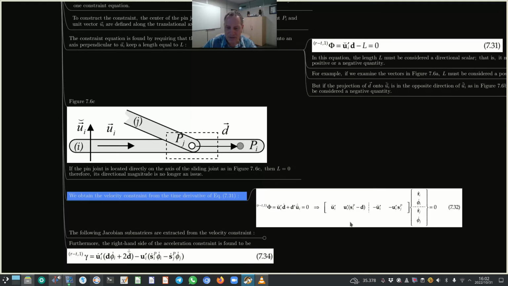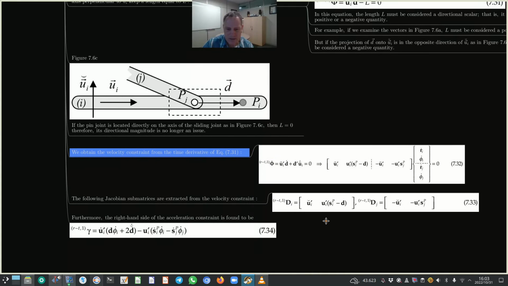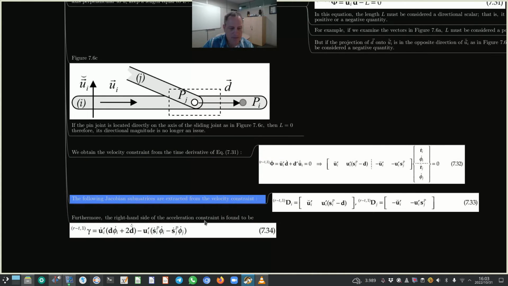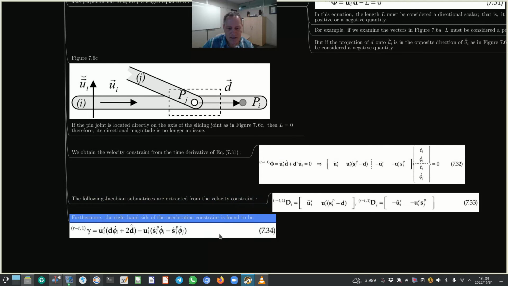The one on the left is the Jacobian submatrix for a revolute translational joint between bodies I and J, and this is the Jacobian submatrix of body I, and the Jacobian submatrix of body J is shown as the second Jacobian submatrix. Alright, and that's the next line of thought. Here you can see the two Jacobian submatrices. Furthermore, the right hand side of the acceleration constraint is found to be shown here in equation 734.